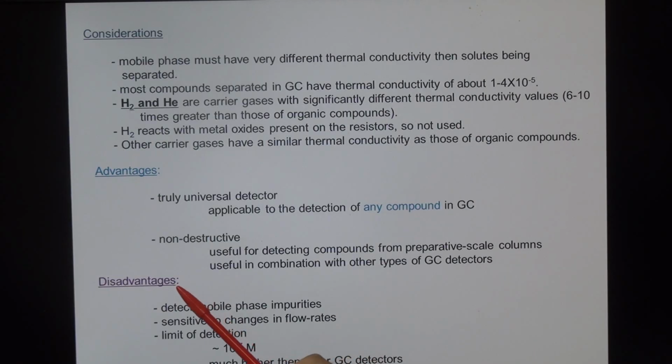But disadvantages include that they also detect the mobile phase and mobile phase impurities, because if they have a certain thermal conductivity, they are also very sensitive to change in flow rate, and they also have a relatively bad limit of detection. They can only measure relatively high concentrations, much higher than other types of detectors.